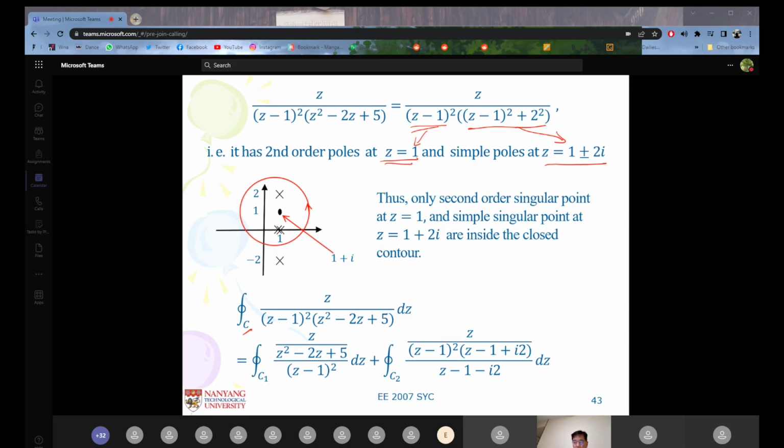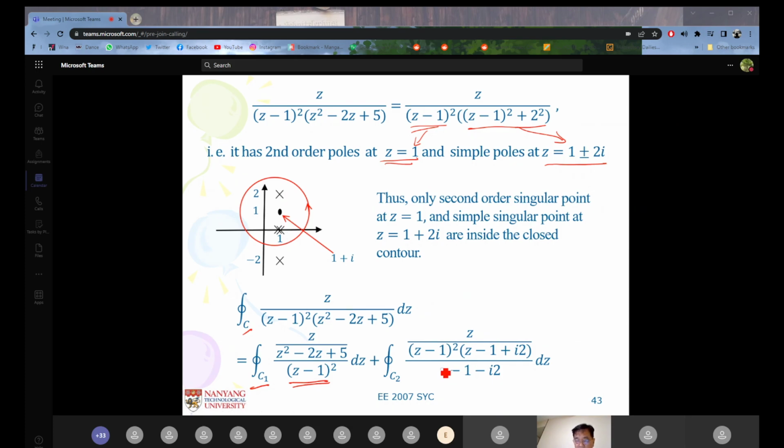So one of them is C1. C1 contains the singular point of +1. Make sure your notation is correct. You cannot say C and replace it by C again, then your answer is wrong, in fact. Okay? So this part, and then plus another one, the other singular point here.